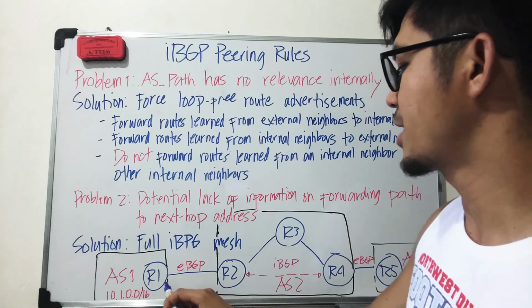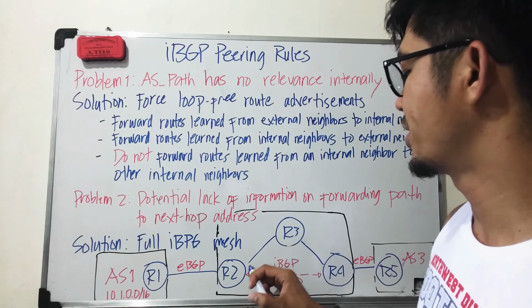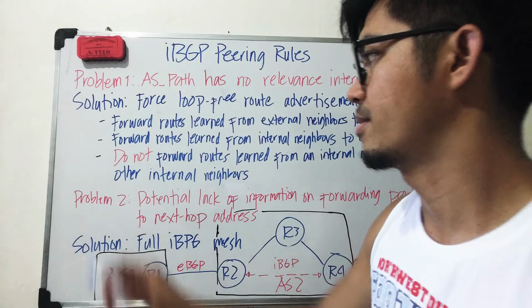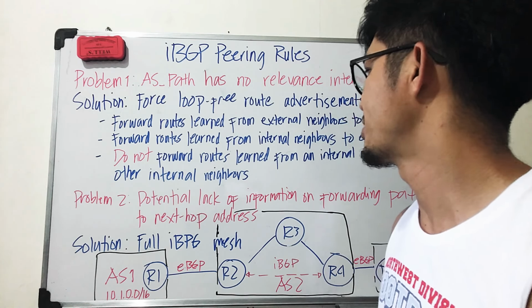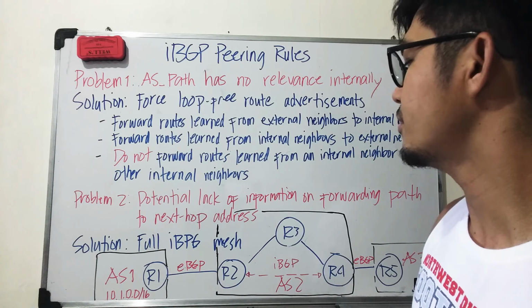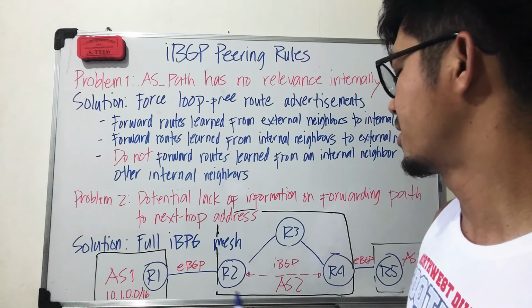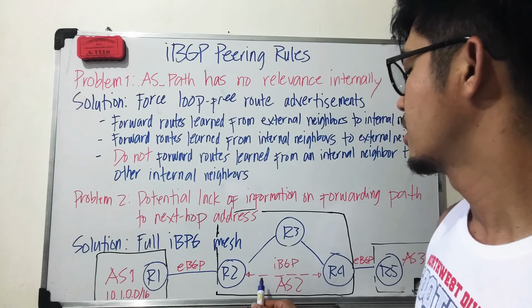Routes learned from external neighbors can be forwarded to internal neighbors. And number 2, forward routes learned from internal neighbors to external neighbors. So an example of that is actually this, but I'm going to talk about this in more detail a little later.